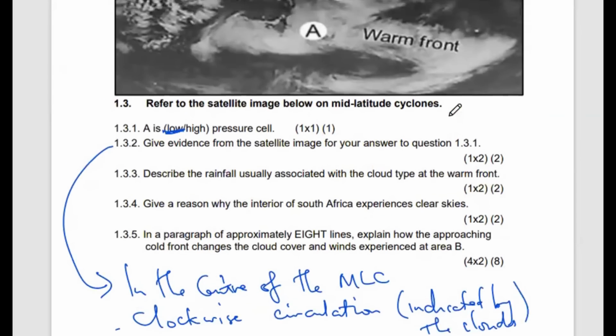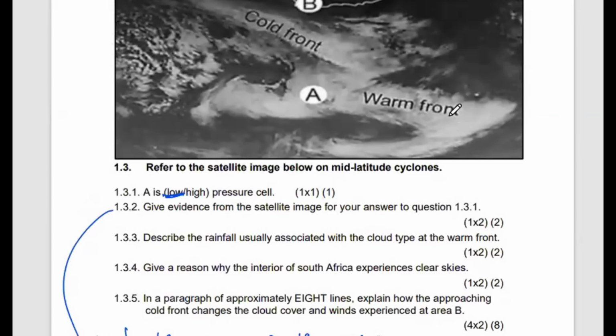We know well that this weather system circulates in a clockwise direction, and in the midst of the weather system, there's a low pressure cell which facilitates the clockwise circulation. So automatically A, being at the center of the system and the system circulating in a clockwise direction, justifies that the center of the system is a low pressure. Right.